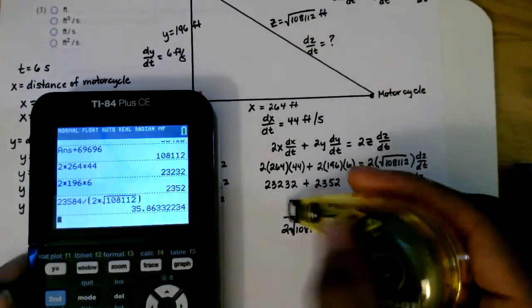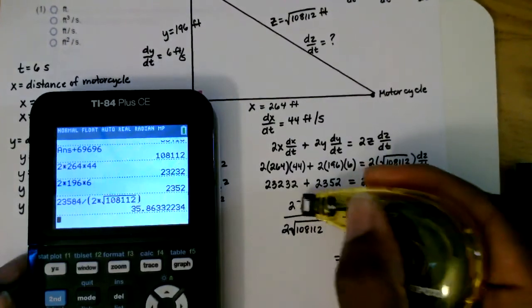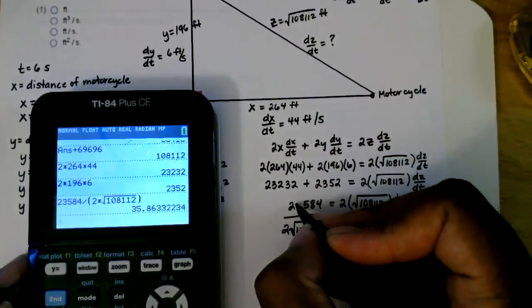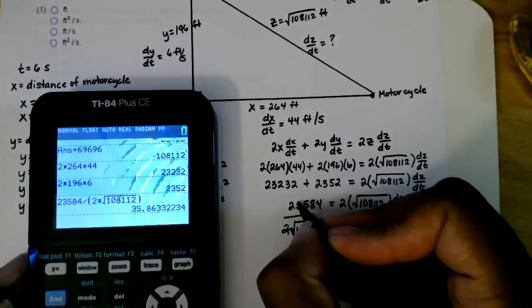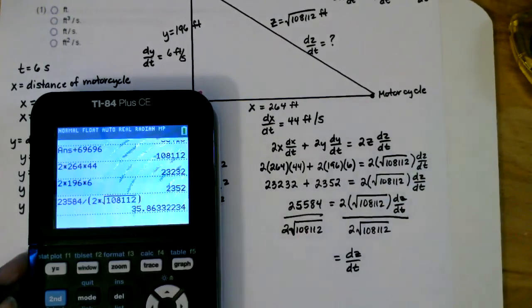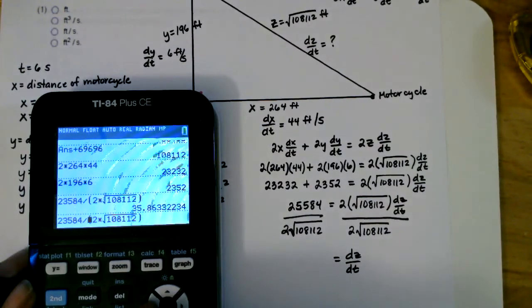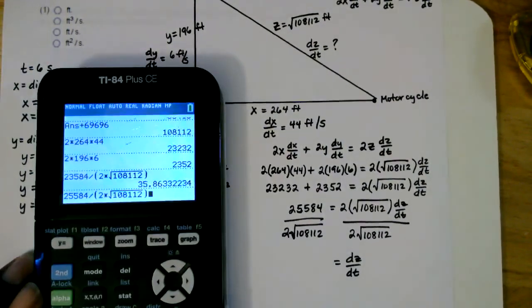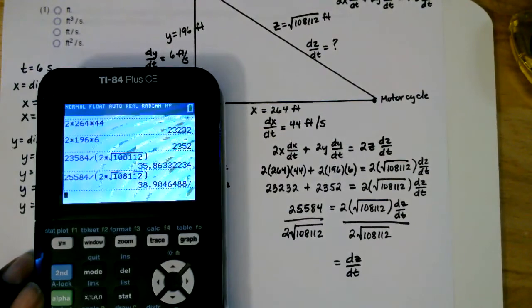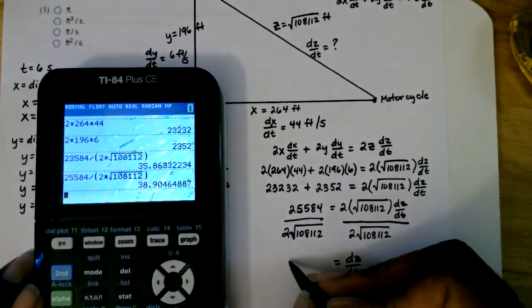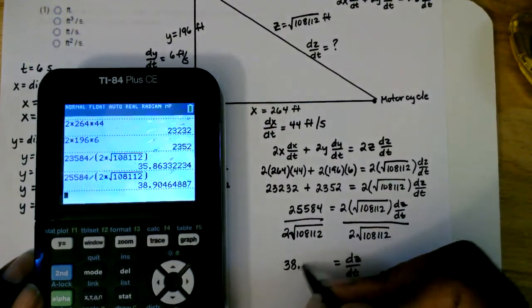When I added these two, this should be 25,584. So I just changed that 23,584 to 25,584. There we go. To 2 decimal places, that would be 38.90.